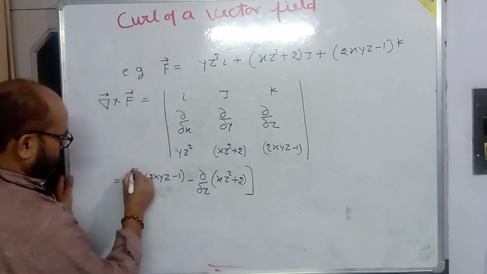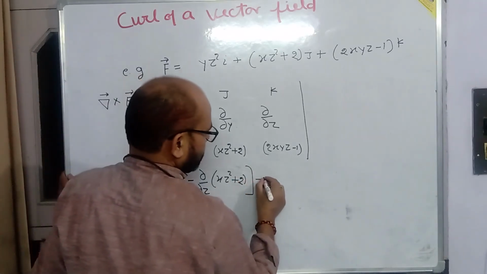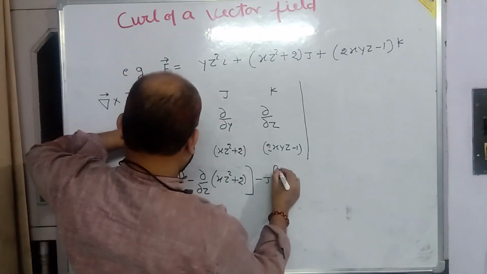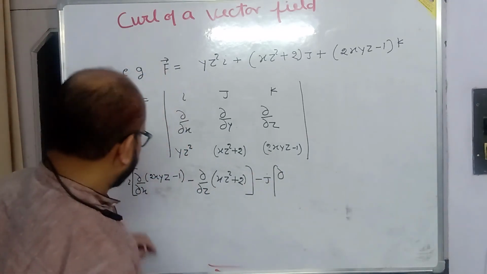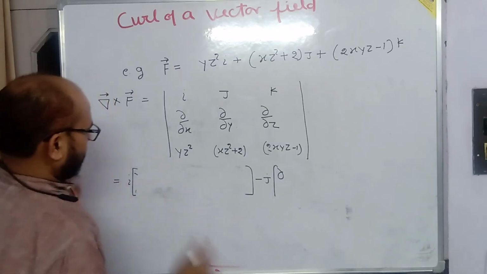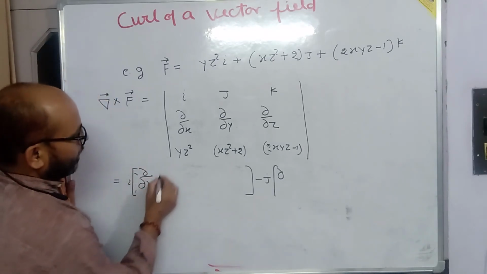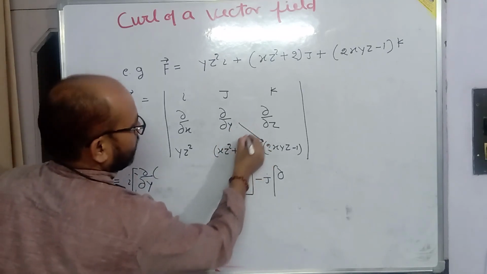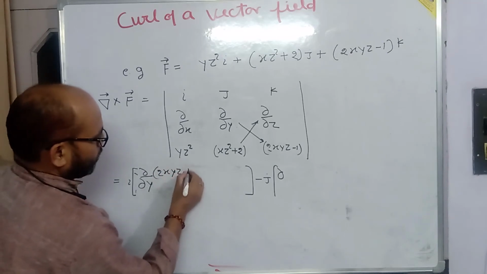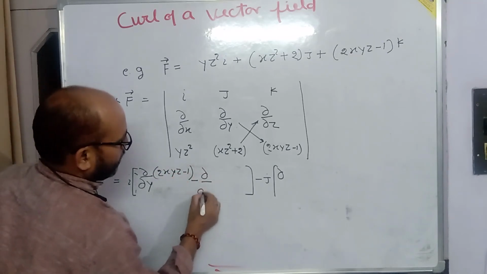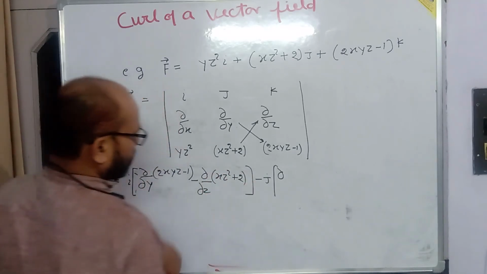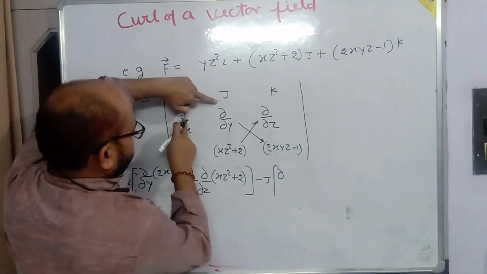Minus j cap times del by del x of 2xyz minus 1, minus del by del z of y z square. Plus k cap times del by del x of x z square plus 2, minus del by del y of y z square.